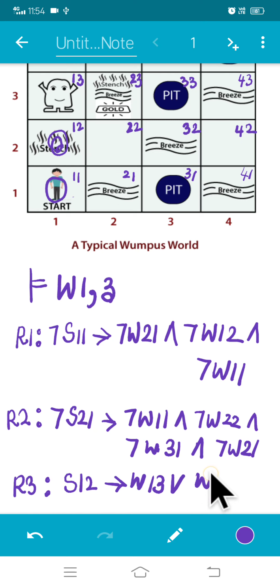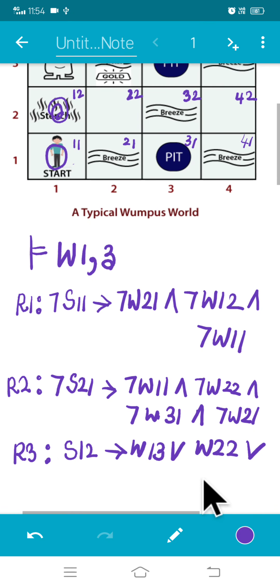Wumpus is present in 2 2 or Wumpus will be present in 1 1, or for safer condition, to be on the safer side, we will include this 1 2 also, current position also. So Wumpus is in 1 2.